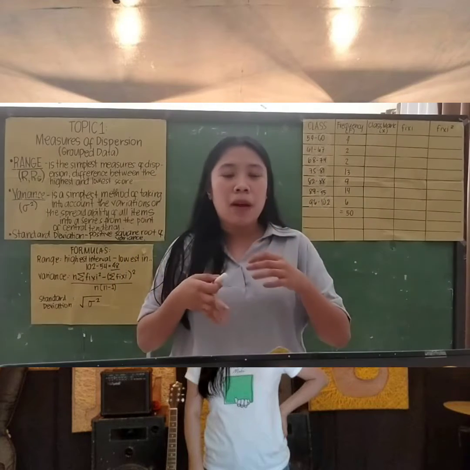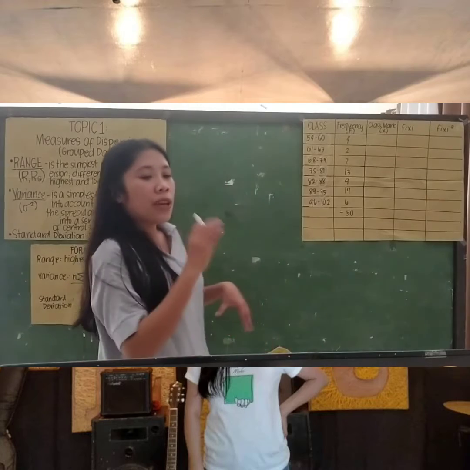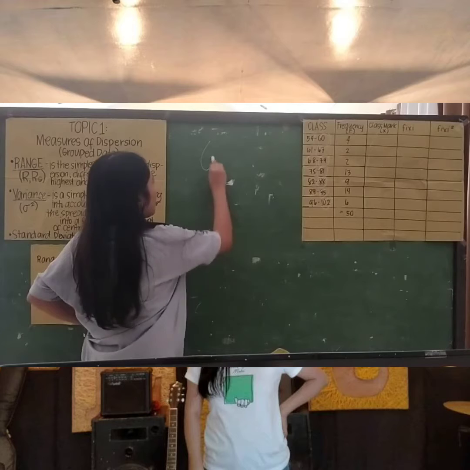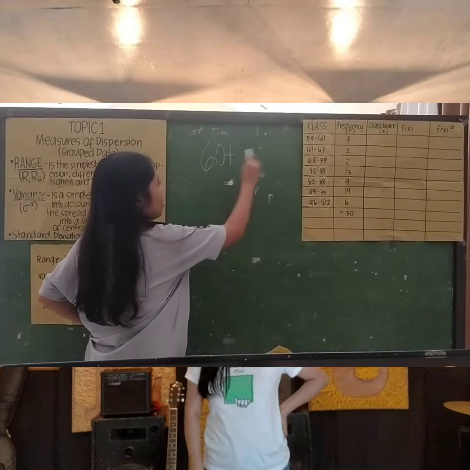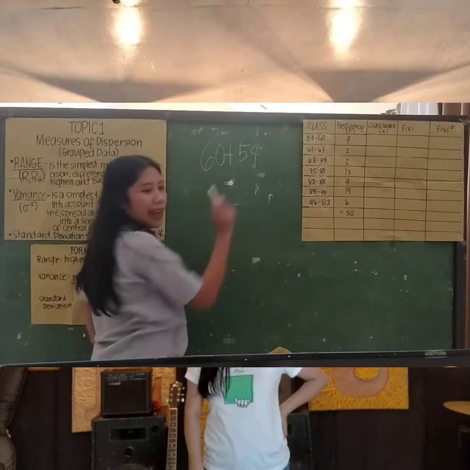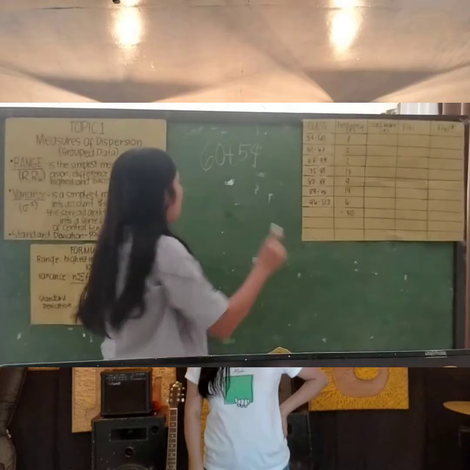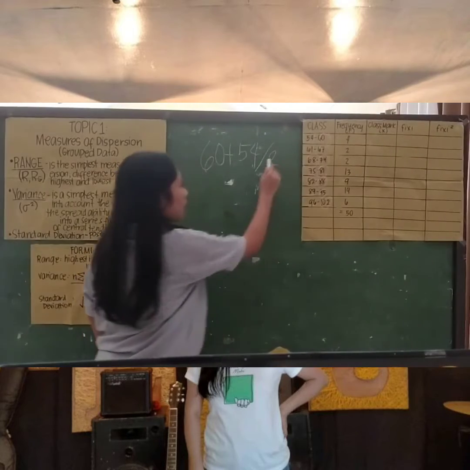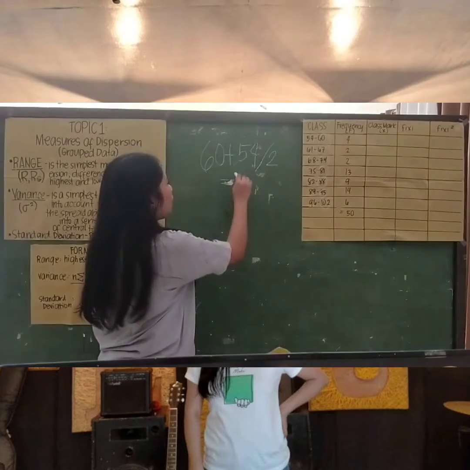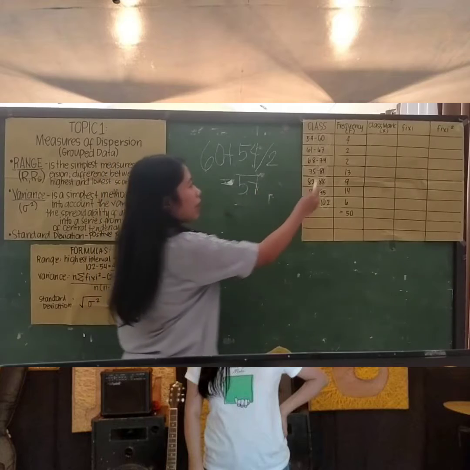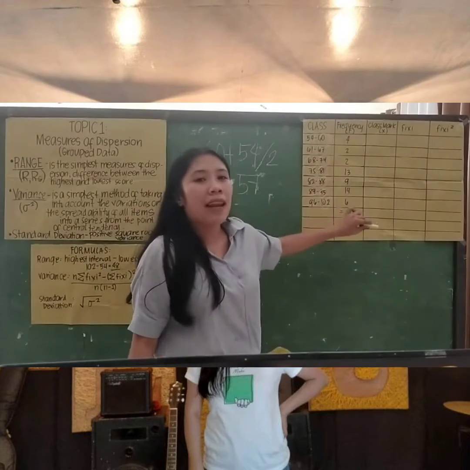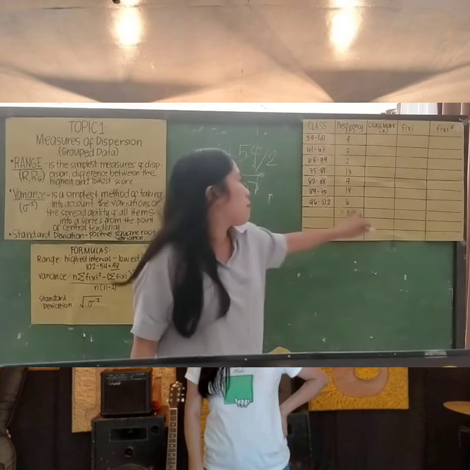So, una, kunin natin yung upper limit natin, which is 60, ipagpa-plus natin siya sa ating lower limit, which is 54, and then i-divide natin siya by 2. So, yung magiging sagot niya is 57. And ganun din yung gagawin natin from up to pinakababa ng class mark para mahanap natin yung class mark natin.